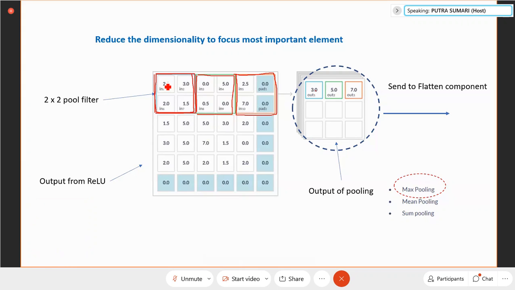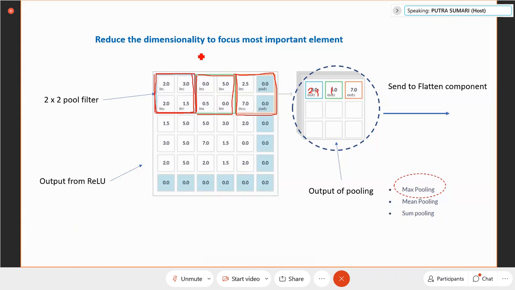If you take the average on this one, 2 plus 3, 5. Plus 2, 7. 8.5 divided by 4. 2 point something. Average 2.3. And move next. Take the average. 0 plus 5, 5.5, divided by 4, average 1 point something. And so on. So this is a pooling layer.